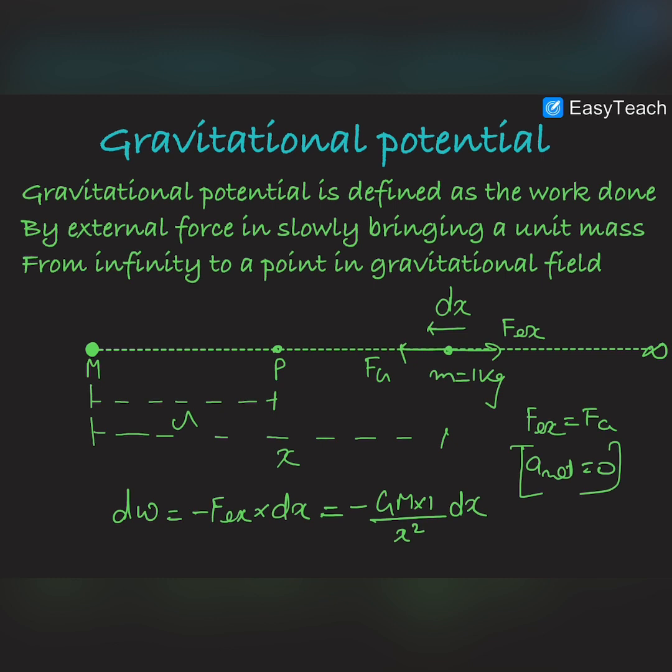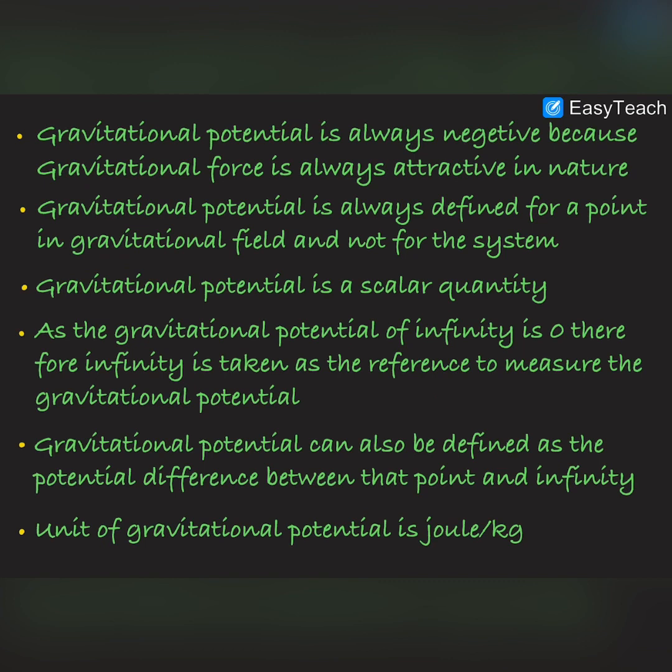Which means that the potential of this point P is minus GM by r with respect to infinity, because the potential of infinity is 0. So we can also say that the potential of any point is the potential difference between that point and infinity. Now the unit of the gravitational potential is joule per kg. We all know, work done per unit mass.